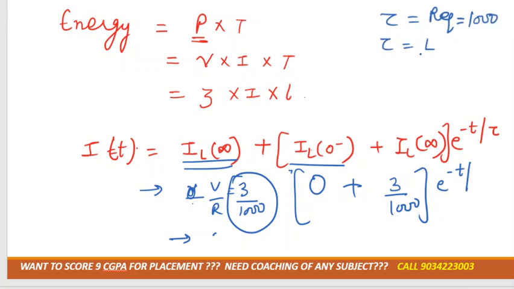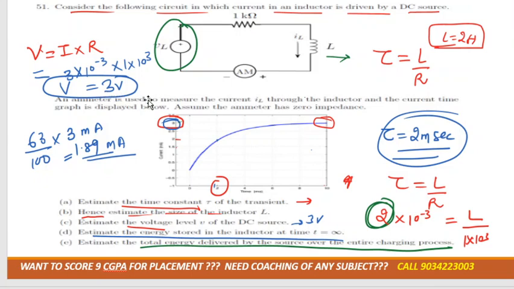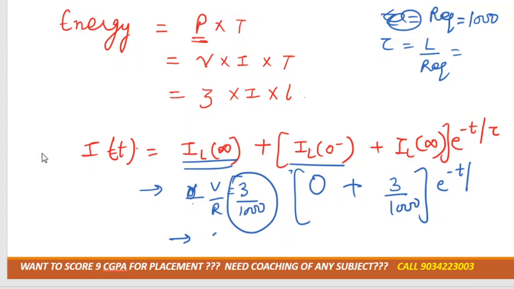Tau is L over R equivalent. L is how much? So 2 by 1000, right? 2 by 1000. Now I put all the values.